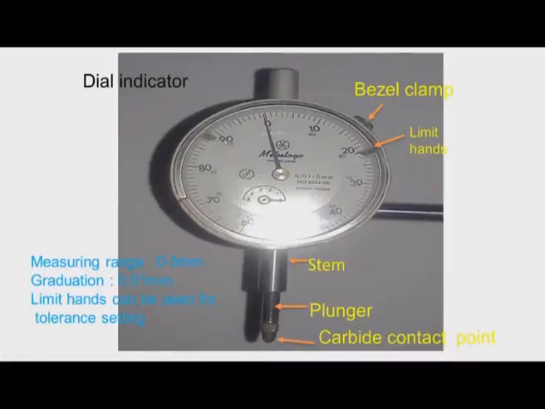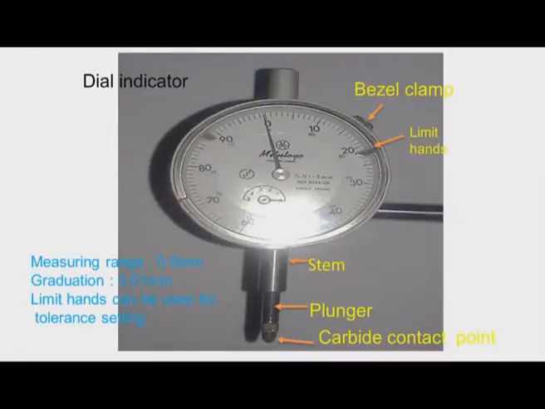Now, there are limit hands. We can set these limit hands for the upper and lower limit to set the tolerances. Whenever the pointer goes beyond the limits, then the workpiece can be rejected. So, this can be used for limit gauging purposes, for comparing the dimension of the workpiece with the nominal value.